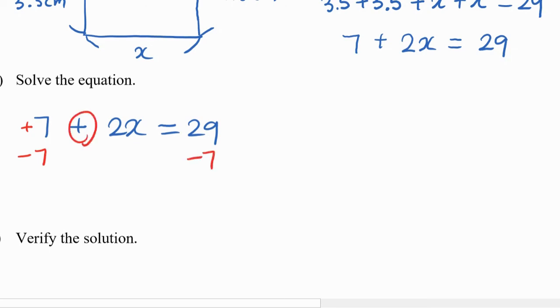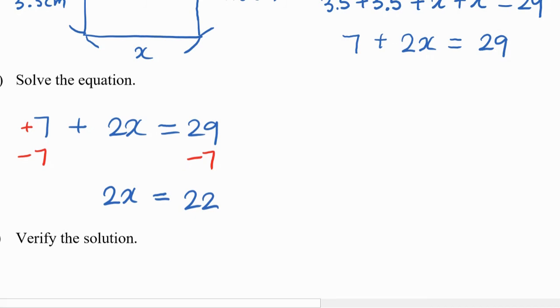Remember, this plus sign doesn't belong to 2x. The sign of 7 is plus. So we subtract 7, subtract 7. Then what we have is 2x equals 29 minus 7, which is 22.